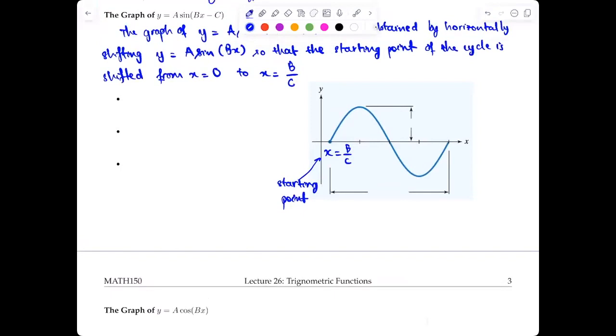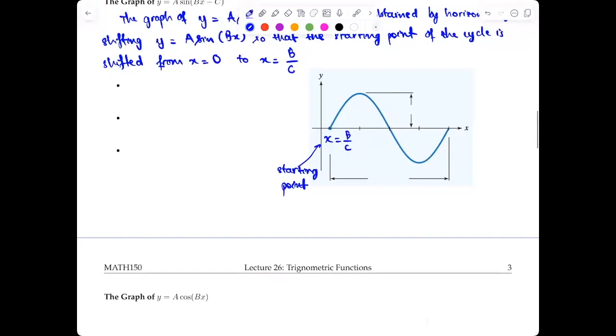The absolute value of A is the amplitude. The period is calculated by 2 pi over B. The same thing.